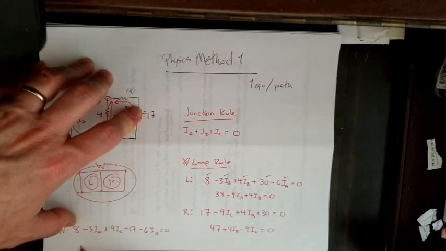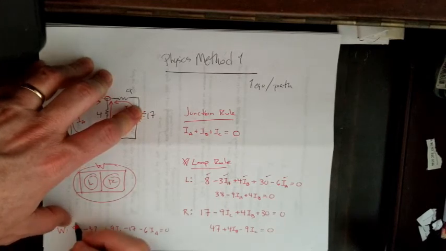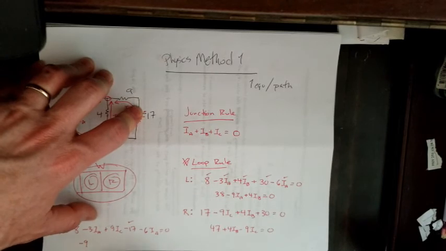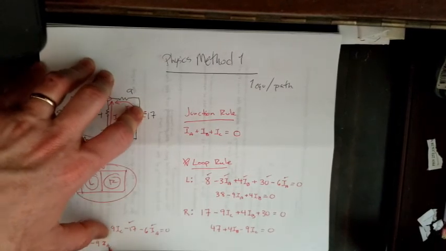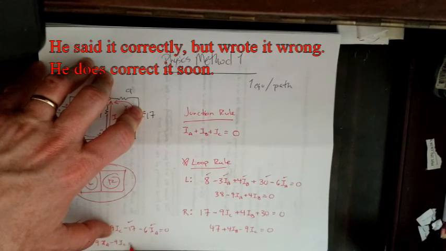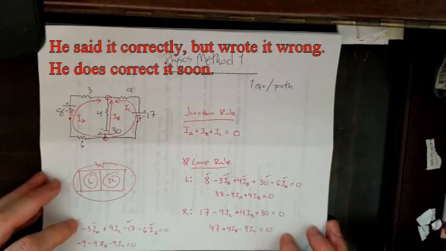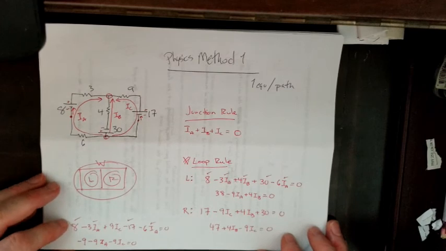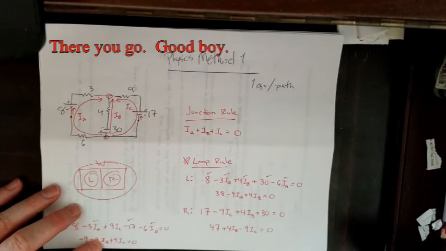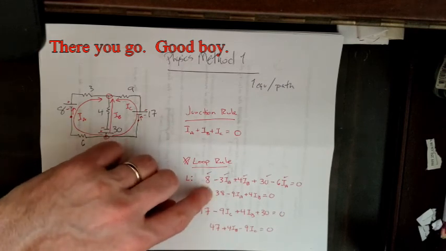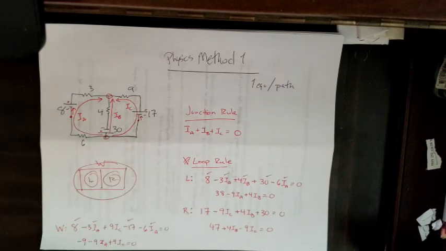I can combine it into negative 9 minus 9IA plus 9IC equals 0. Notice that if I take the 38 equation and subtract this equation from it, I get that equation.